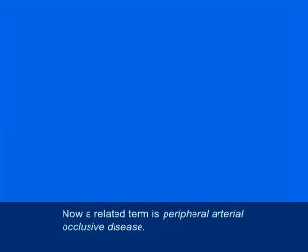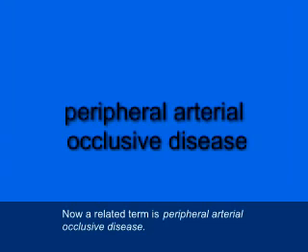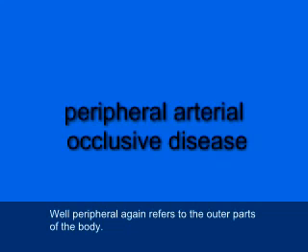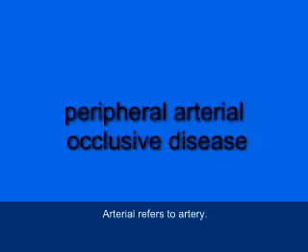Now, a related term is peripheral arterial occlusive disease. Peripheral, again, is PERIPHERAL, arterial, ARTERIAL, occlusive, OCCLUSIVE, and then disease. Well, peripheral again refers to the outer parts of the body. Arterial refers to artery.